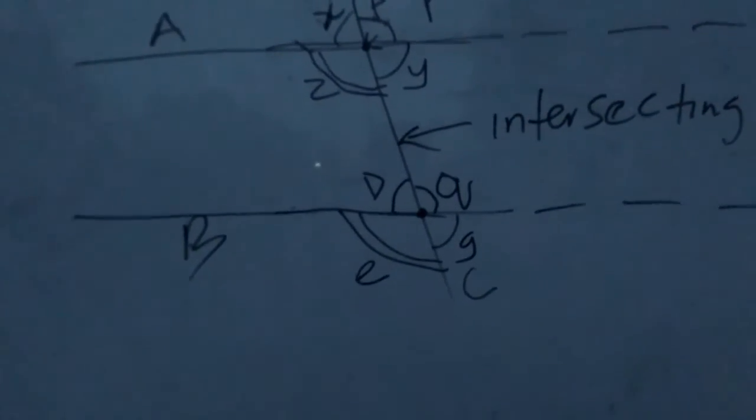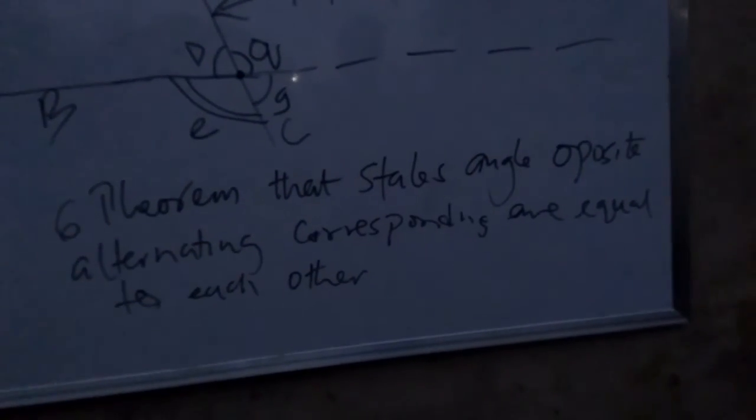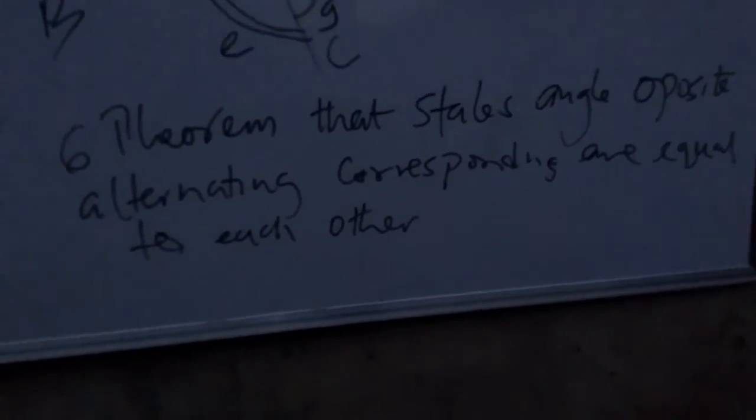So now we will go to our sixth theorem that states that angles opposite, alternating, corresponding are equal to each other.